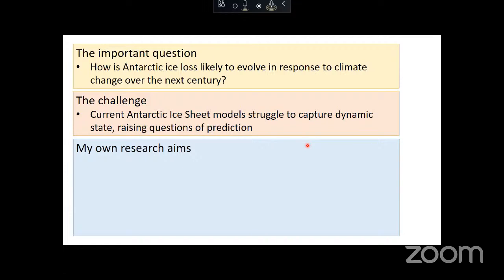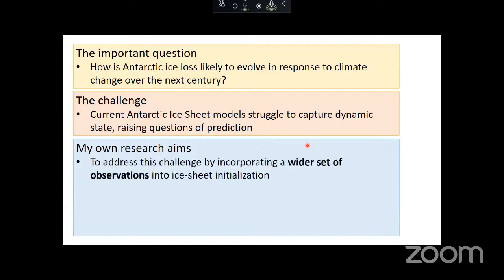And so for that reason, there aren't going to be a lot of photos of penguins and icebergs in this talk. Not going to be a lot of clever analogies. I'm just going to talk about what I'm interested in and what I do. And what I want to do is to address some of these challenges by developing methodologies, because that's what I like to do. Methodologies for improving the way we model the Antarctic ice sheet, or sections of the ice sheet at least.